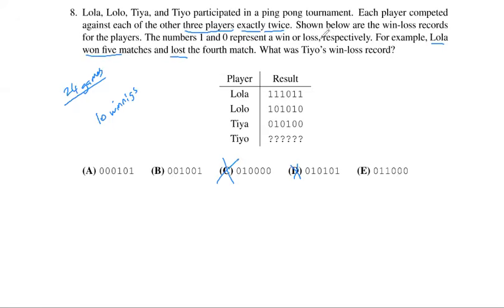This is good. But now, the person Lola actually lost on the 4th game. If this guy is losing in that game, someone else should be winning. Let's say Lola was playing against Tia, and Tia won that game and Lola lost. But at the same time, this guy right here has a 0, which means this guy also lost a game on the 4th time.